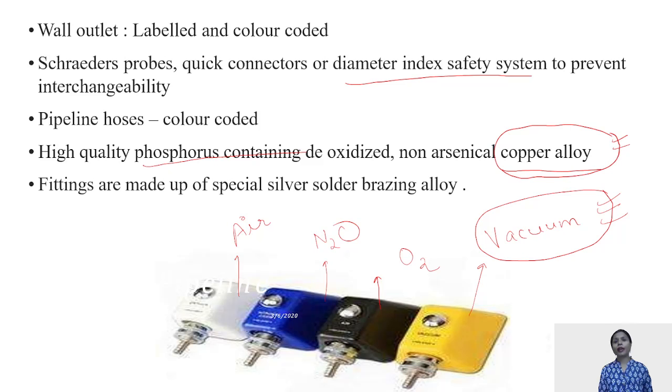And every pipeline is connected to each other with the help of certain special fittings, which are also a silver solder alloy. All these are special metals which are able to withstand at least 4 times the pressure which is recommended.